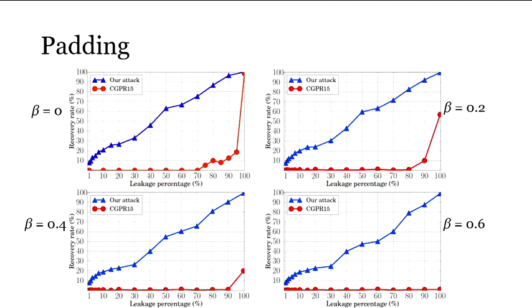On the contrary, this slide shows the effect of the countermeasure on the attacks in the CCS 15 paper. As you can see, as beta approaches 0.6, the prior attack cannot recover anything at all, but our attack is not affected much. So this shows that this countermeasure does not work against our attack.